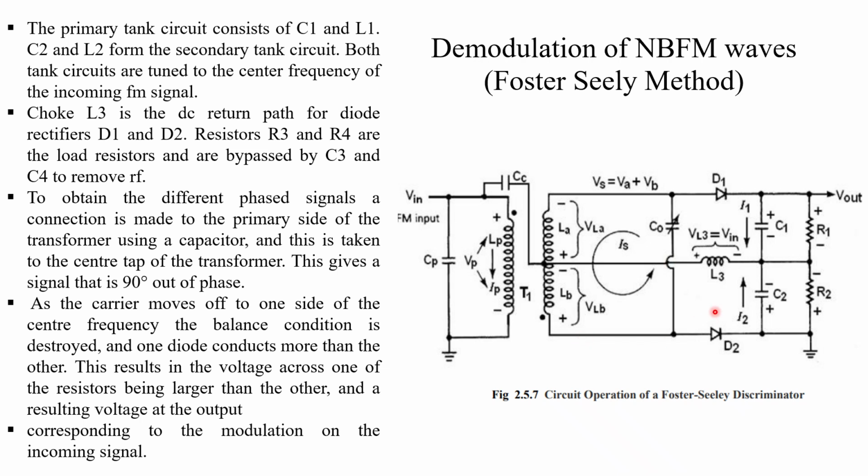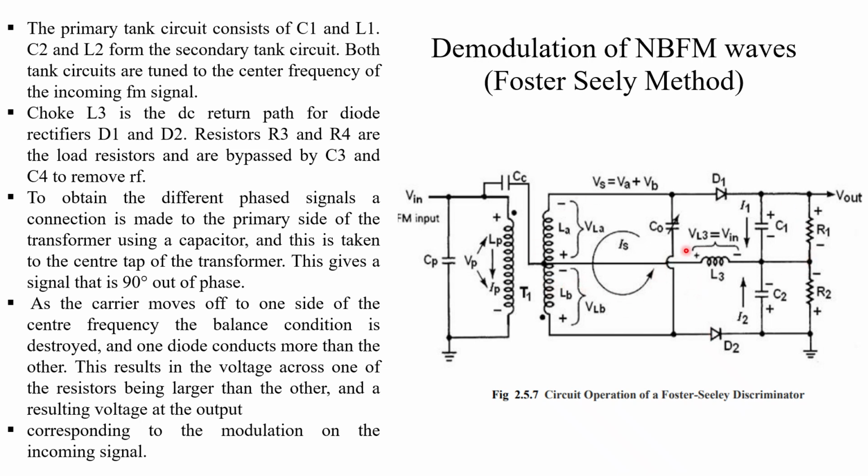The primary tank circuit consists of C1 and L1, and C2 and L2 form the second tank, and both tank circuits are tuned to the center frequency of the incoming signal.